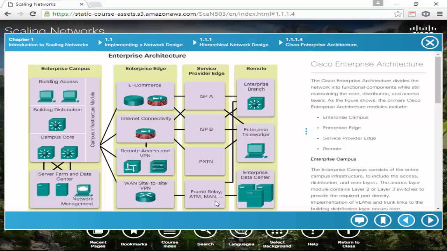So that would be the MAN allows for high-speed Ethernet internet, or we could be using some sort of MPLS, basically some sort of private connection from one site to another. And in this example, apparently we have another enterprise data center in a remote location, and so we are going to use our WAN site-to-site VPN to connect that entire site.